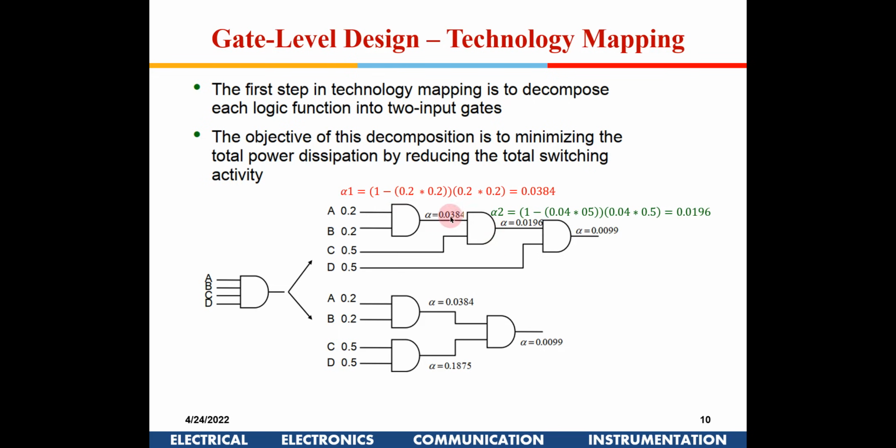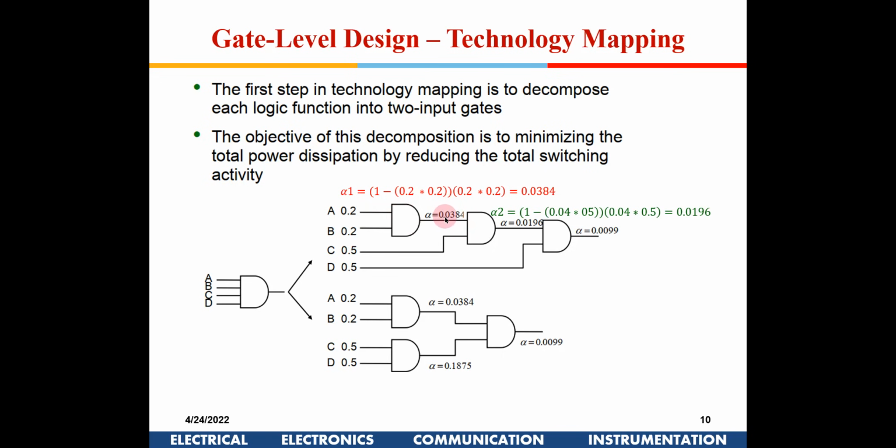Yeah, okay. Similarly, at this node, what is the probability of this being high? 0.2 into 0.2, and the probability of this being high is 0.5. So we don't take this value and compute the activity. Now we have to see the activity cycle at this node. But what is the probability that this signal will be high? If both are 1, only then this will be 1.